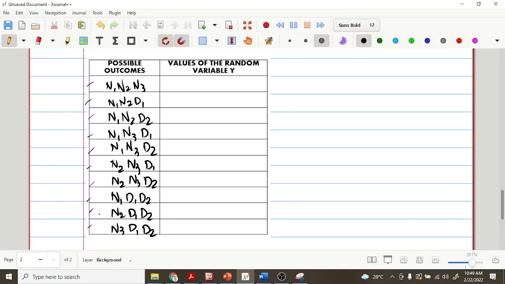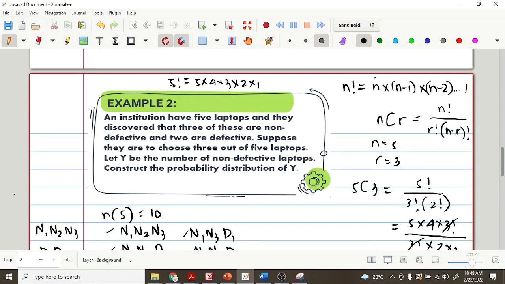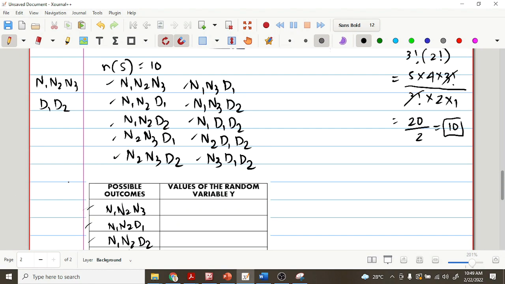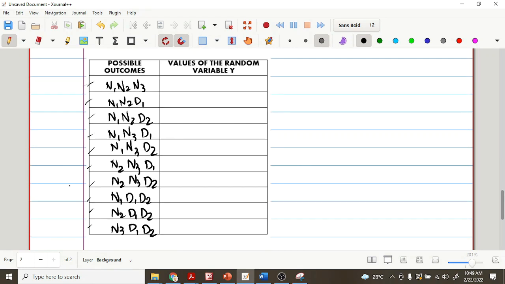So, after we write our possible outcomes in the first column, ang next na gagawin, we identify the values of our random variable x. Ano yung random variable natin? Number of non-defective laptops. So, ang bibilangin natin ay yung number of N. Ilang beses nag-appear si N dito? Tatlo. So, we write there 3. Ilan yung N dito?